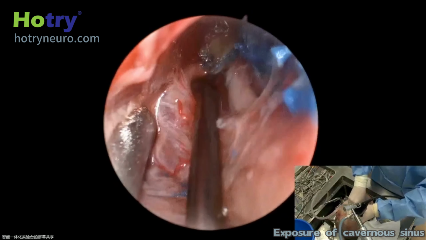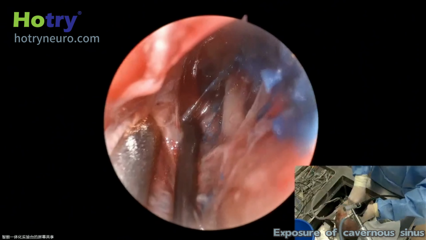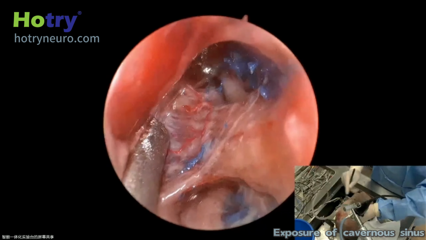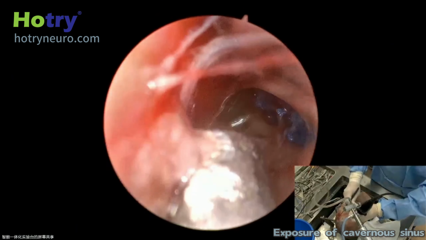It travels posterior to Dorello's canal, and medial to that would be the carotid artery.